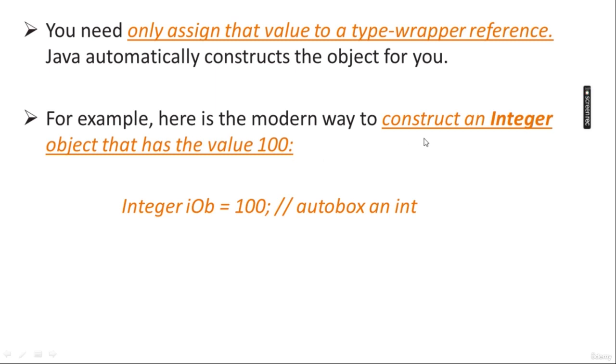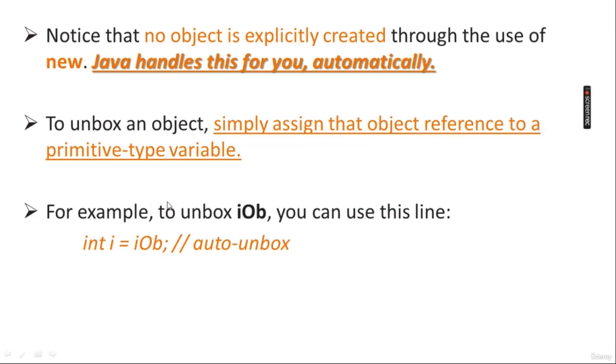Here is the modern way to construct an Integer object that has the value 100. Integer iObject = 100. So this value is automatically converted, automatically put or boxed into the type wrapper class Integer. No object is explicitly created through the use of new.